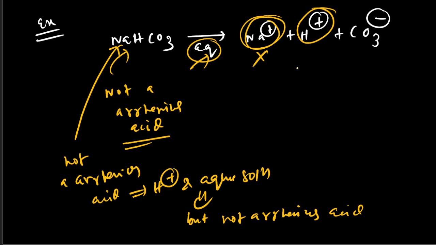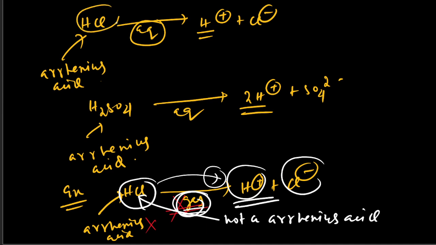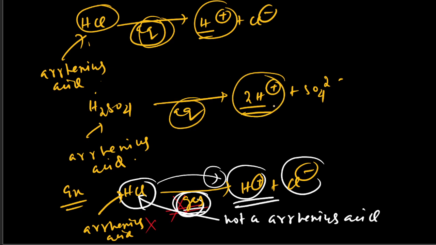If other than H plus, other positive ions are present in the solution, then that is not considered an Arrhenius acid. So NaHCO3 is not an Arrhenius acid. Whereas HCl, only H plus in aqueous solution, so HCl is an Arrhenius acid. H2SO4, in aqueous solution gives 2H plus, so only H plus is there in aqueous solution, so this is an Arrhenius acid.